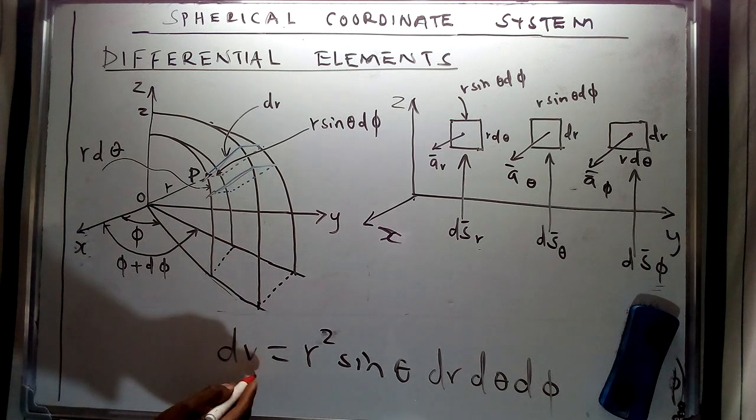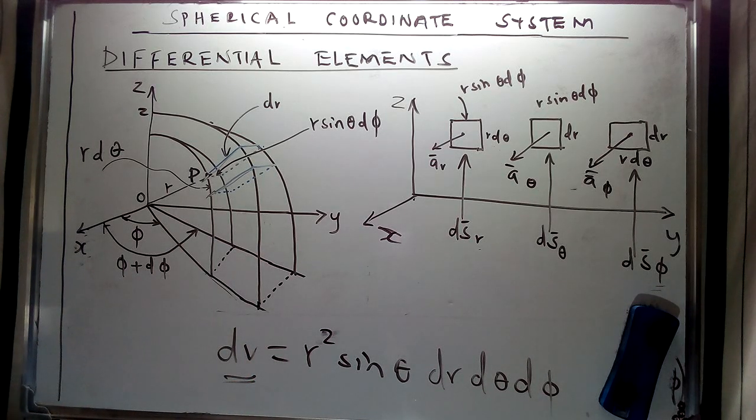So this is going to form a differential volume analogous to that one in the rectangular coordinate system that we mentioned. So this basically forms the differential elements in the spherical coordinate system.